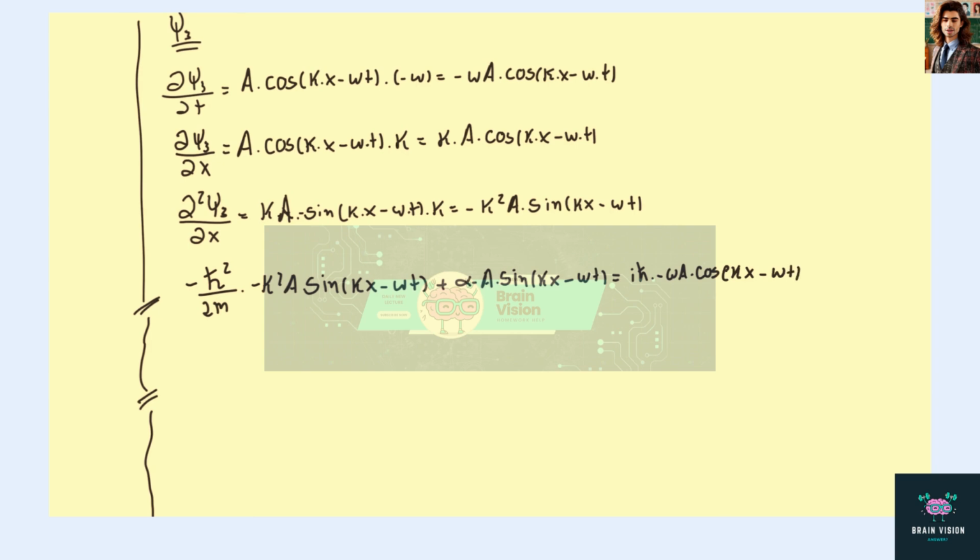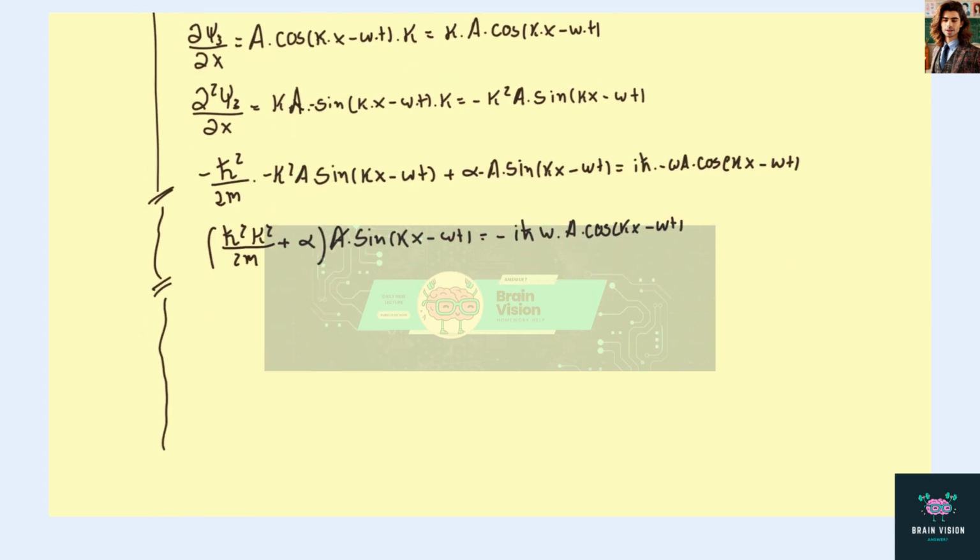minus omega times t. Now we can work out this equation a little bit to get h bar squared k squared divided by 2m. This minus sign cancels out this minus sign, plus alpha times a times sine of kx minus omega t is equal to minus i h bar omega times a times the cosine of kx minus omega t.